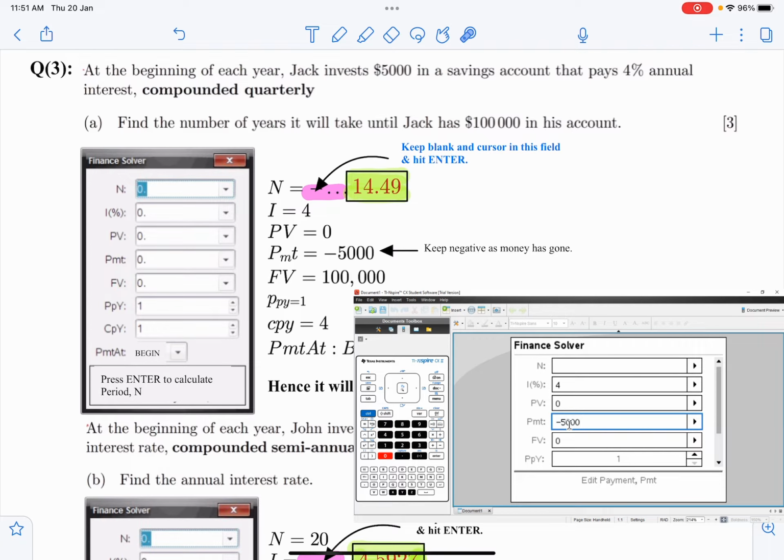And FV is 100,000 because future value should be 100,000, and CPY, as I said, should be 4. Okay, and as I said, at the beginning of the year he wants to know how much will be the amount. Okay, then keep the cursor at N and hit enter.